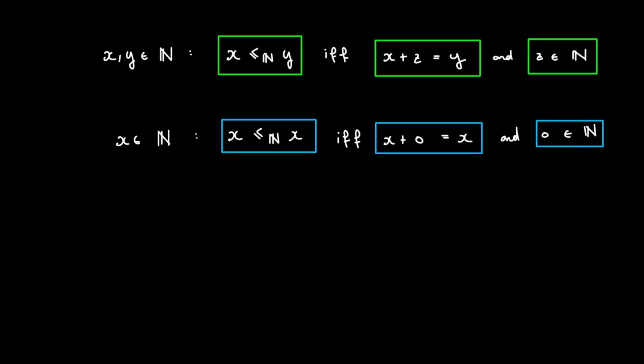The only thing that's different is the operation and the set. If I replace the plus by multiplication and I remove 0 from the set, then I get the divisibility relation. And what's quite amazing is that they have such a close similarity, but they are really quite different.